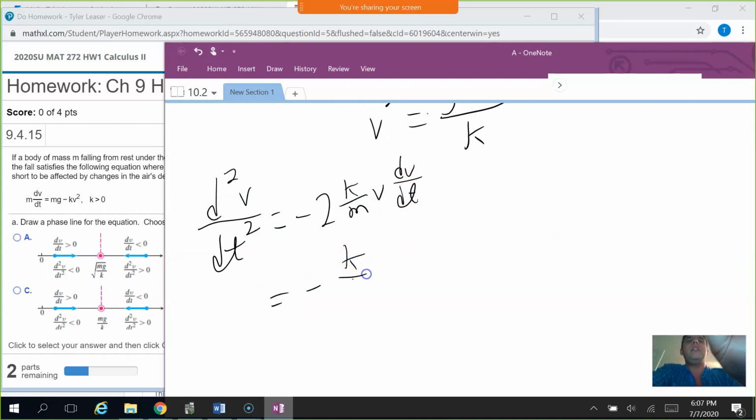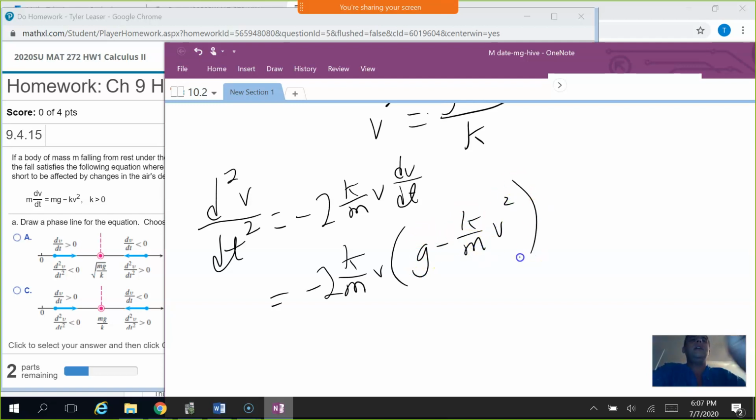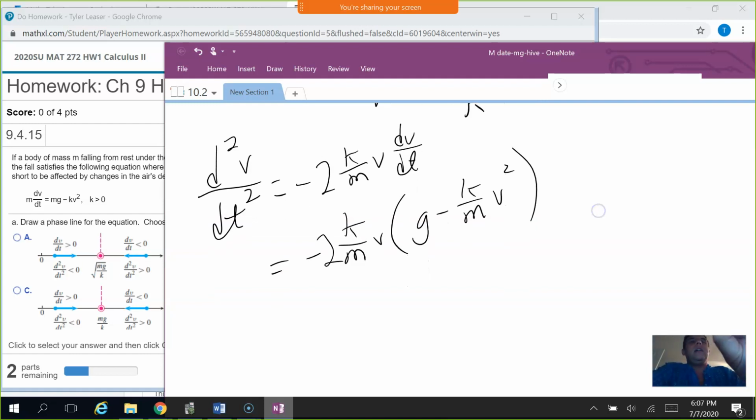We just get that from the original equation. So this dv/dt we're going to replace with that g minus k over m v squared, the thing that we had solved for before with the derivative. Okay, then we set this equal to 0 and solve for that. We still get this parentheses here, but this parentheses gives us the same solution that we had before, that square root of mg over k.